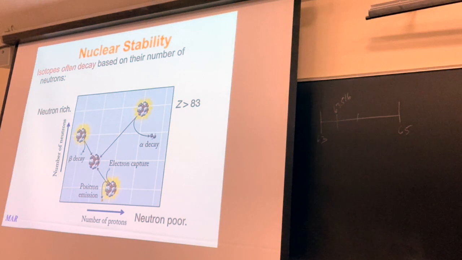So, knowing that, and knowing that we've kind of reached the end of our peninsula of stability, you can begin to make predictions as to how the different isotopes are going to break down. And this is just one graph of many, but anyway, if you have more protons and fewer neutrons, a lot of times this is where the positron emission will kick in.